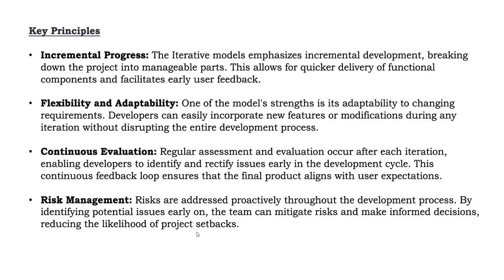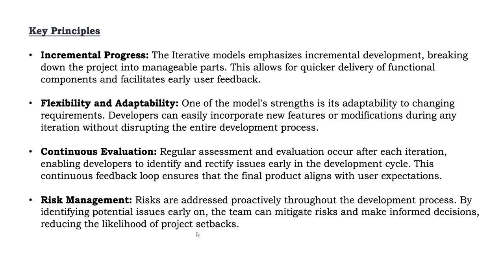Suppose there is a bug that is leaked to production. Immediately we can go ahead and make the changes, deploy it to our QA environment, test it, and then further deploy it, right? So if there is any risk involved, it is better that we can fix it and then deploy it to production.